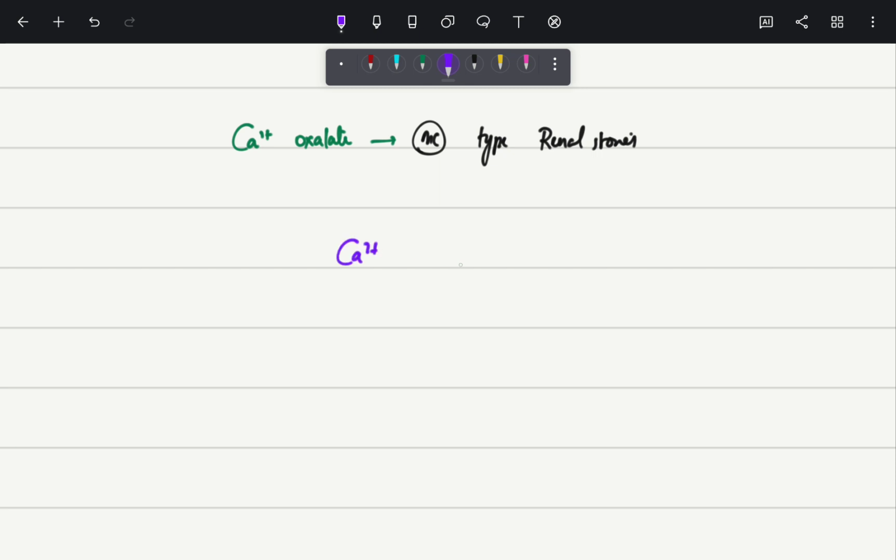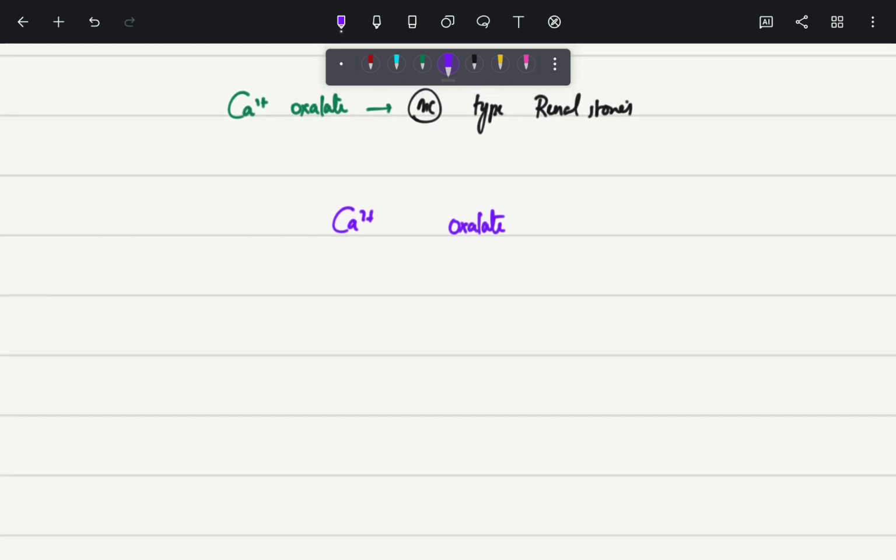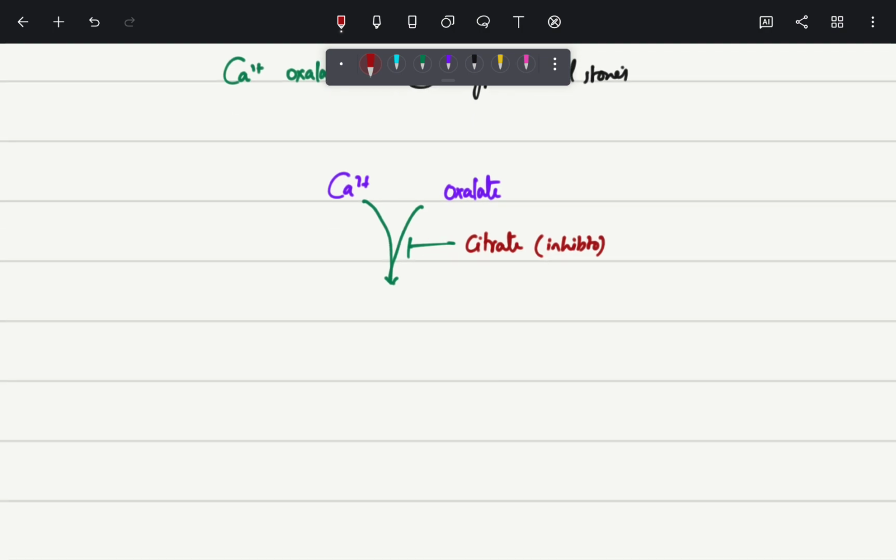Normally in our body, calcium and oxalate are inhibited by a substance called citrate. Usually citrate is an inhibitor which inhibits calcium and oxalate nucleation.